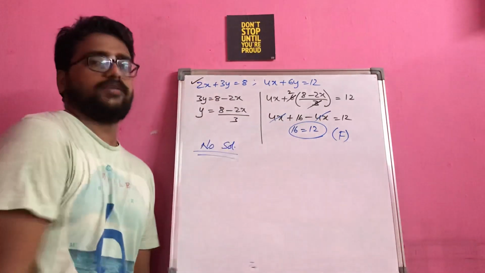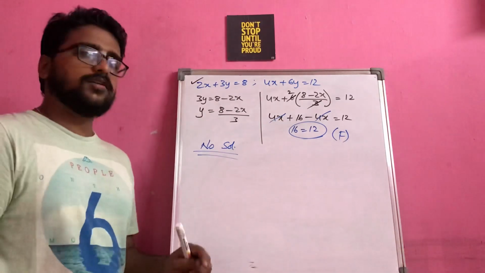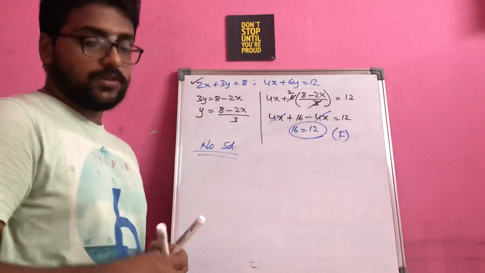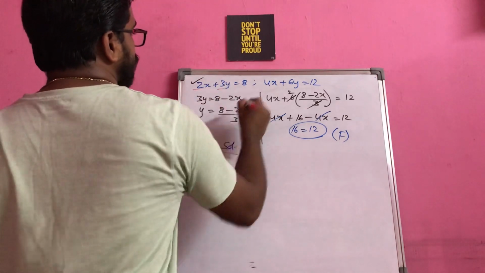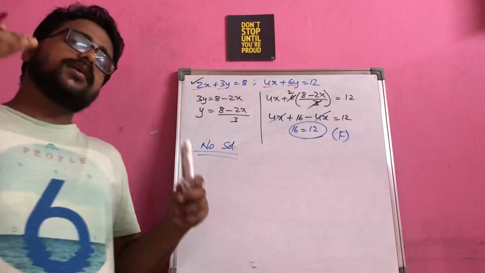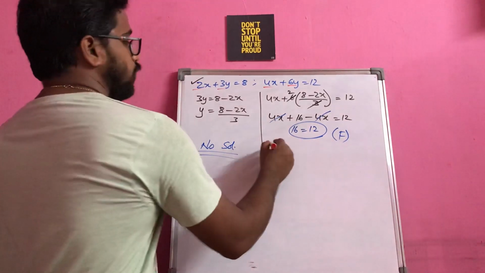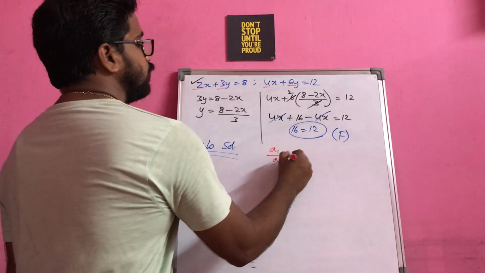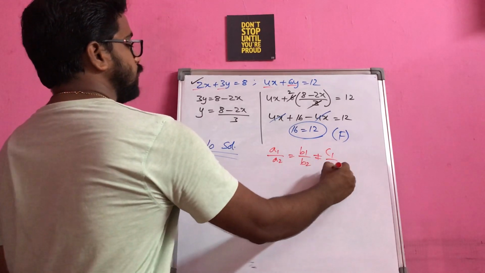How are we concluding this? Actually you need not do this much method also. If you just observe the coefficients alone, you have 2x here, 3y, 4x, 6y. If you just take the ratio of the coefficients that we discussed in the very starting, you will be getting a1 by a2 is equal to b1 by b2 is not equal to c1 by c2.